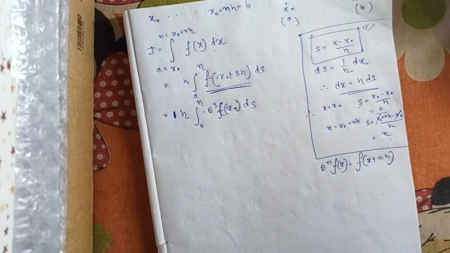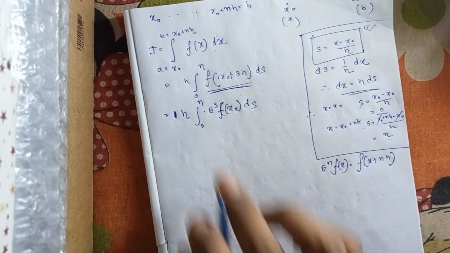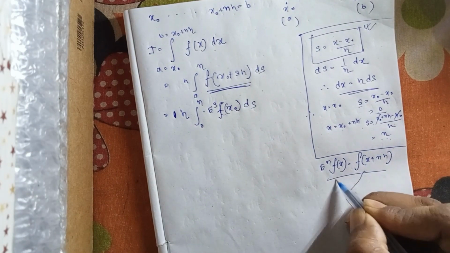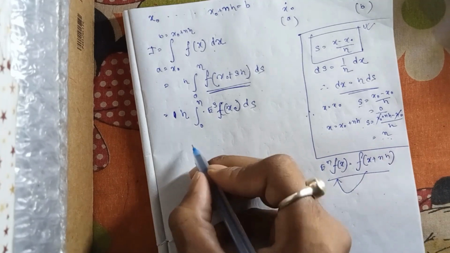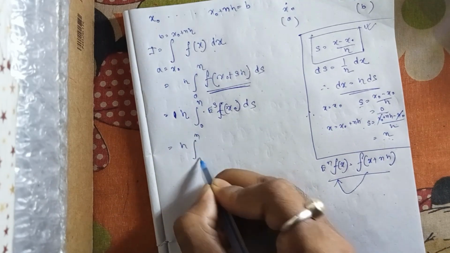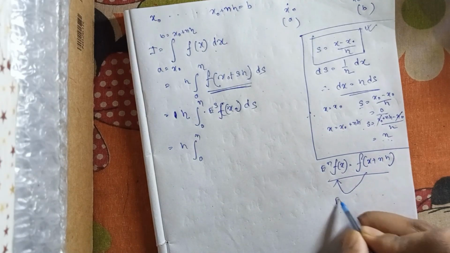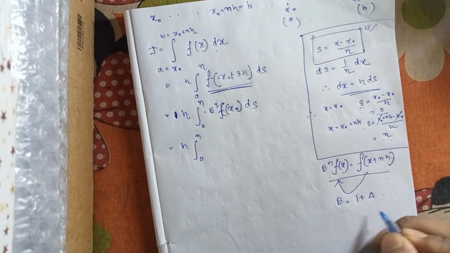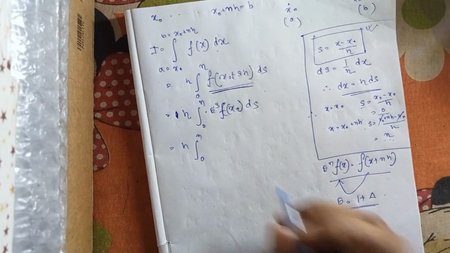We transform our function to the shifting operator, right? Now we know the formula E equals 1 plus delta.